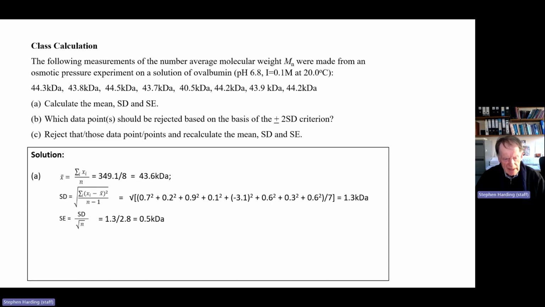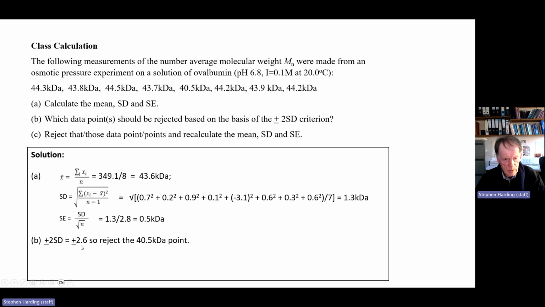Then we can calculate a standard error, which is the standard deviation divided by the square root of 8 in this case. And that gives a value of 0.5 kilodaltons. And of course, we now have the SD, standard deviation. We can apply this plus or minus 2 standard deviation criterion. So 2 times 1.3 is 2.6.